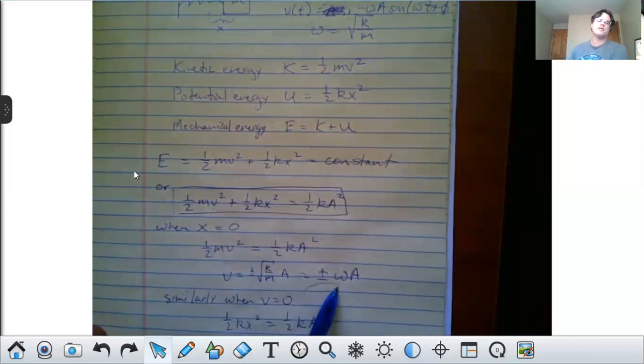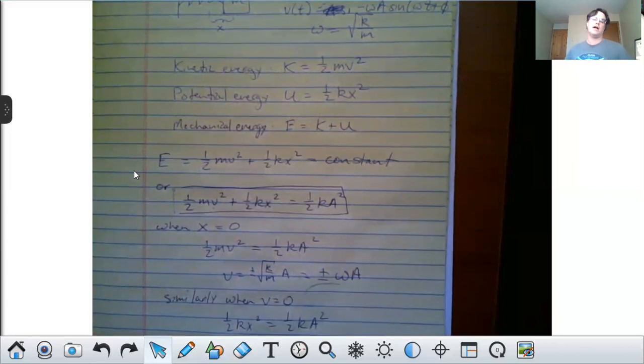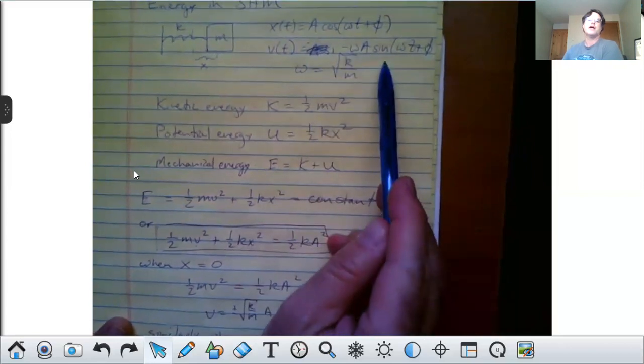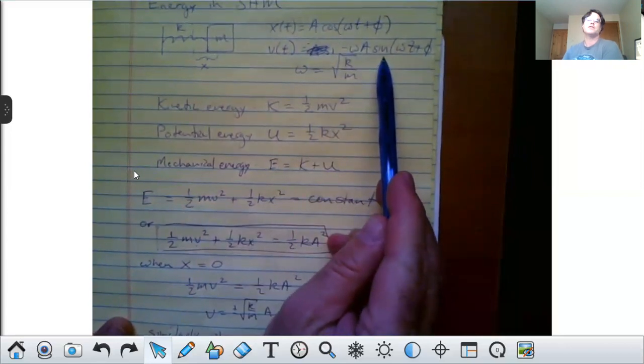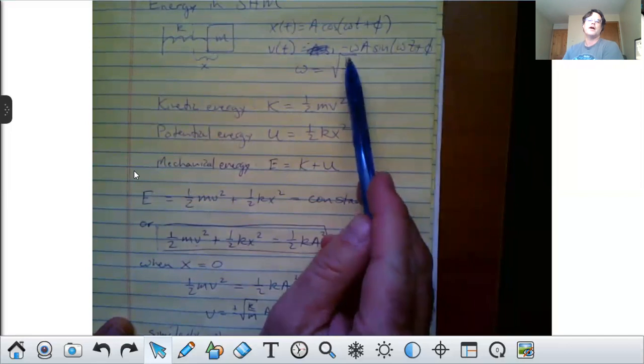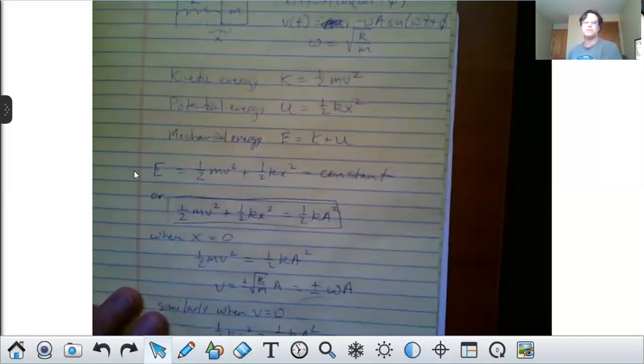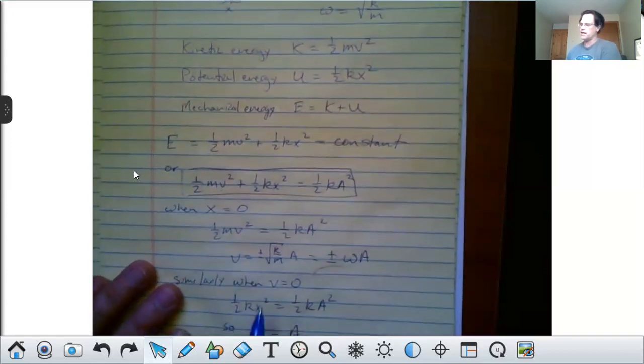Now, square root of k over m is the angular frequency, so it's plus or minus omega A. Now, this is the maximum velocity, right? We can see that again from up here. The sine has a maximum of plus or minus 1. So negative or positive omega A is the maximum value of the speed. And so it occurs at the equilibrium point.